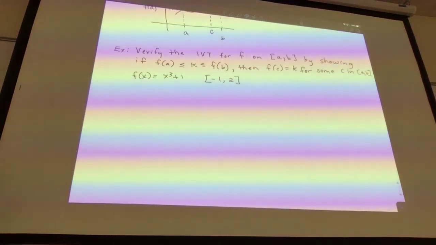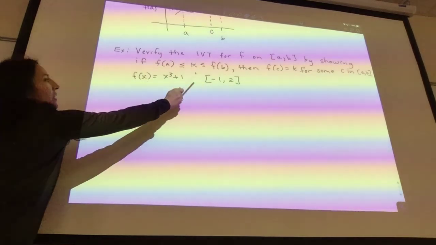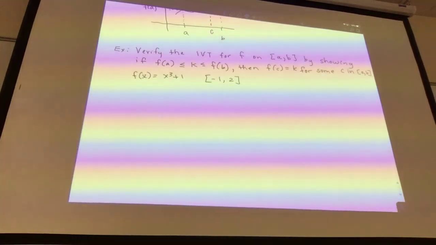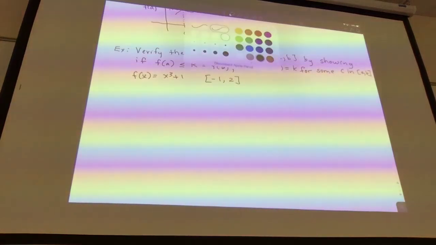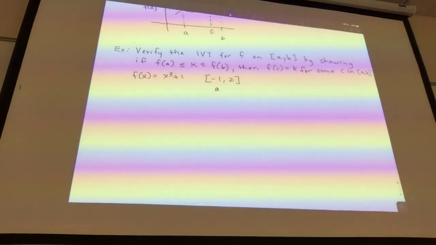All right? Now, let's break that down. They give us a function, and they give us an interval to look at. This is our a and b.